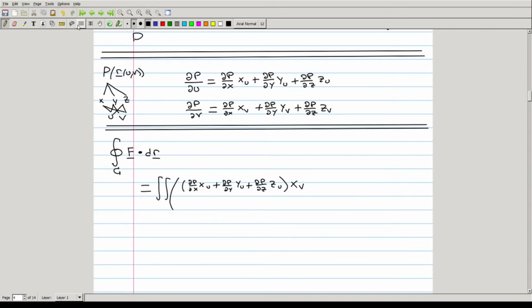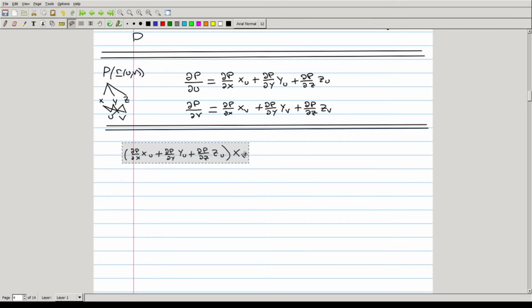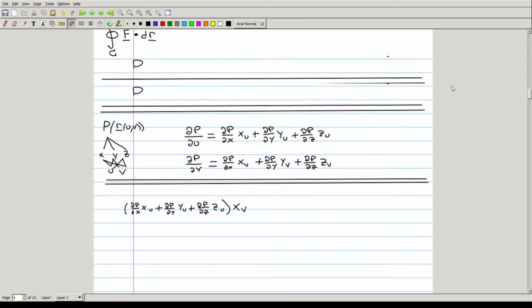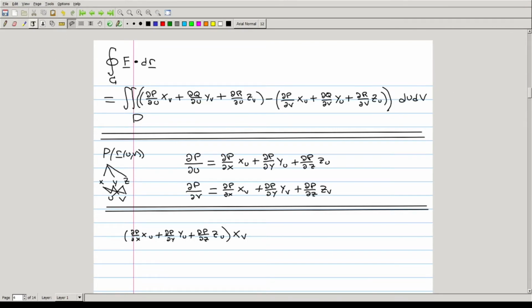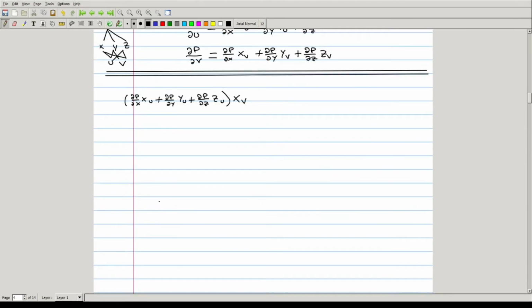Before I even plug into the integral, let's just go through and see exactly what the integrand is. That way I don't waste any space here. So what we'll do is call this entire thing in parentheses here the integrand, because that's what it is. And let's simplify the integrand right now.